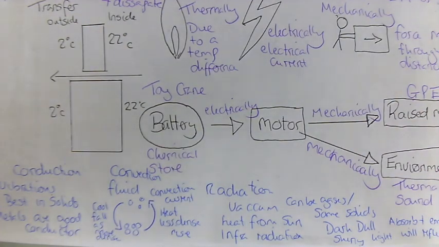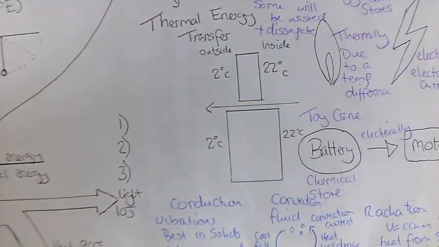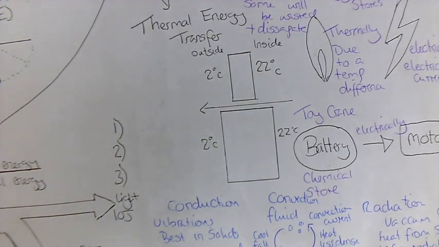So, if we then know that about our thermal energy, we can then apply it to different situations. So if we have walls and we want to stop thermal energy transfers, the rate at which the thermal energy transfers through a wall will depend on three things.